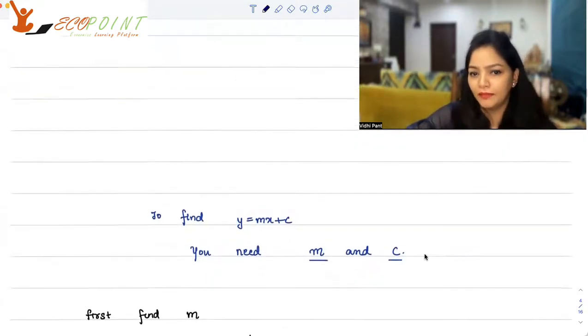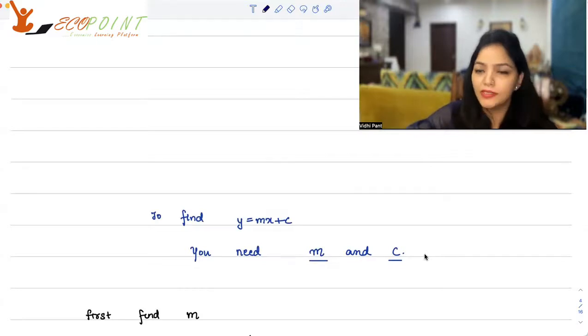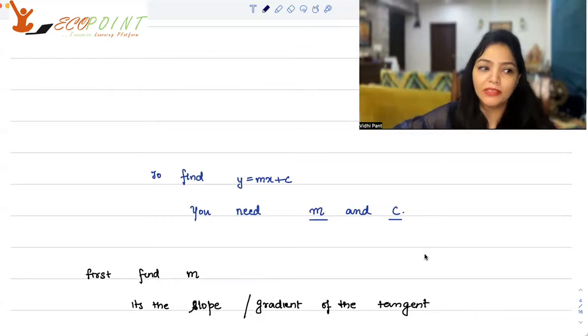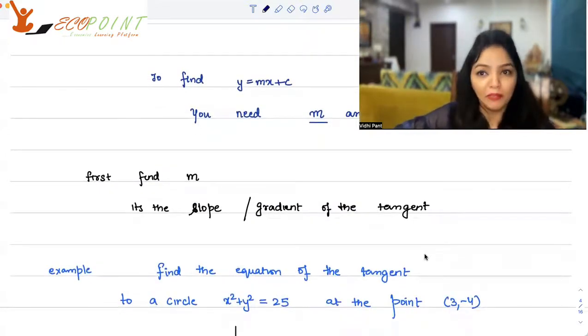Let's first find m. We know that we are dealing with a circle here, so we will have an equation of a circle, and m is the slope of the tangent. Let me take an example so that it will be more clear, instead of giving you just a general case. Find the equation of the tangent to the circle, say x square plus y square equals 25, at the point 3, minus 4.